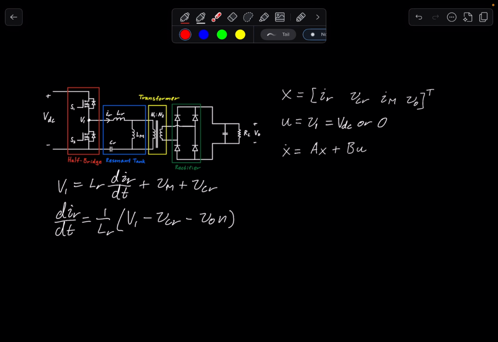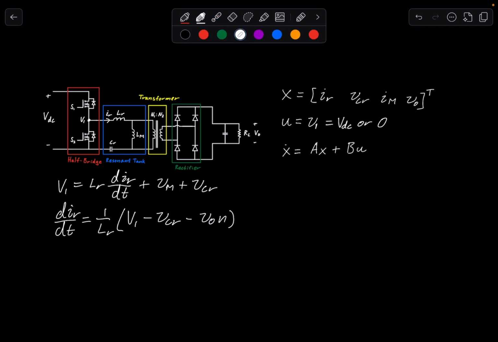Now, in another scenario where there is no current flowing to the secondary side, the diodes would be open circuits, which means that there's no connection between Vo and Vm. All of the current flowing through LR is also flowing through LM. So we know that they're equal to each other, which makes it a little bit simpler.